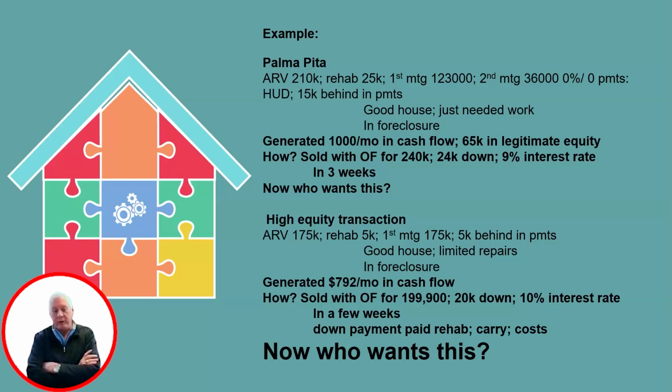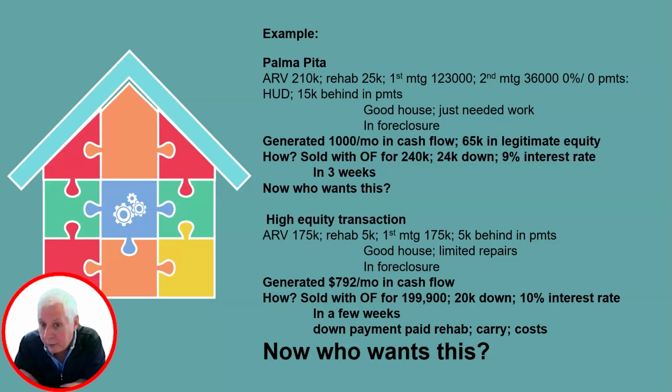And at the time we did this, it has probably been 5 years ago now. The actual value of this home was $210,000 on an after repaired value basis. The problem is that it needed $25,000 in repairs when we got there to look at it.